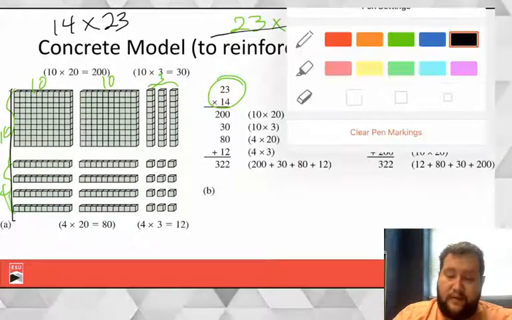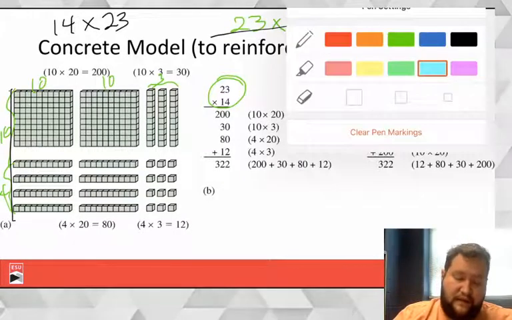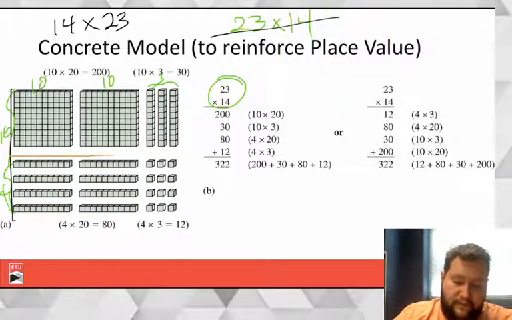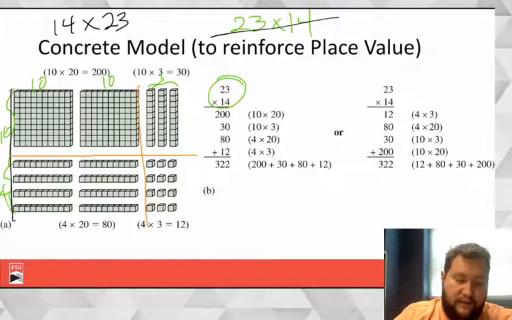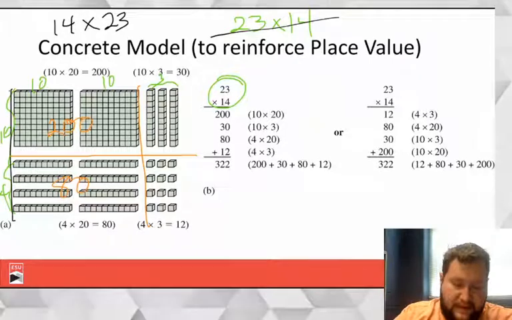And so this is where I'm going to write over it, and it's immediately going to get harder to see. I apologize in advance. We have 10 and 4, and then 20 and 3. So we have 10 times 20, it's 200. 4 times 20, which is 80, right? And we can see the 200, and we have a flat here, and we have a flat here. And here we have all of these rods.